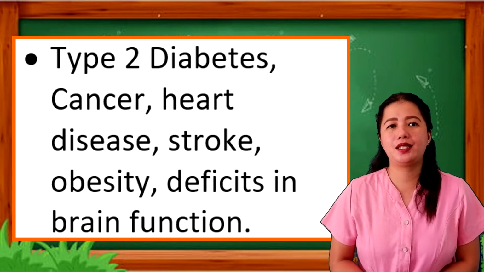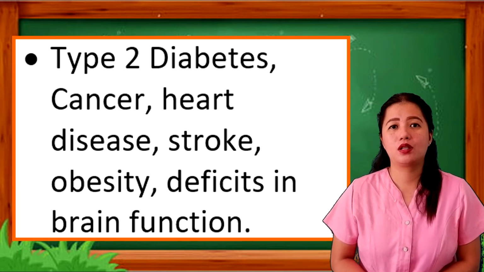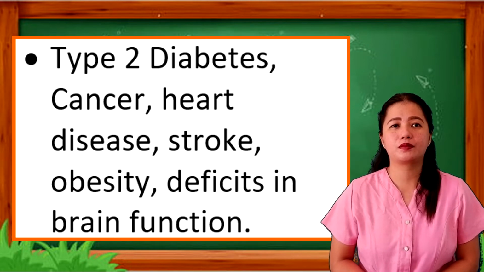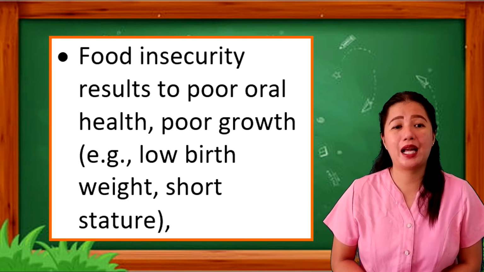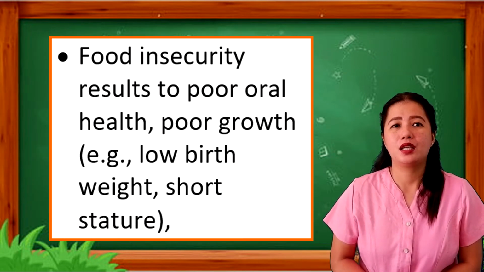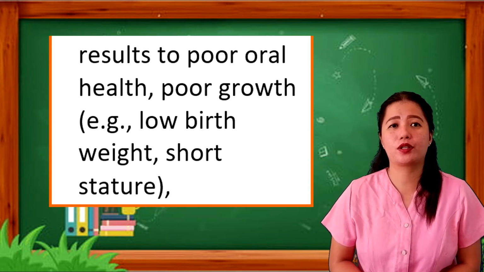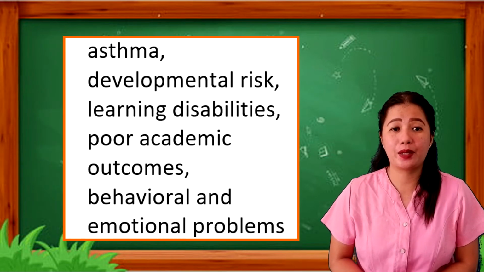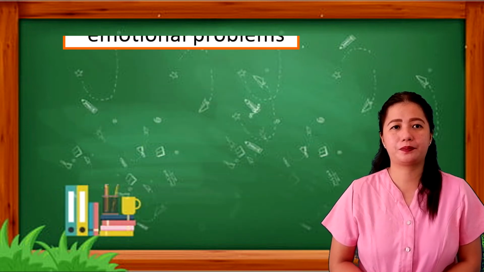Type 2 diabetes, cancer, heart disease, stroke, obesity, deficits in brain function. Food insecurity results in poor oral health and poor growth, for example, low birth weight and short stature. Asthma, developmental risk, learning disabilities, poor academic outcomes, and behavioral and emotional problems.